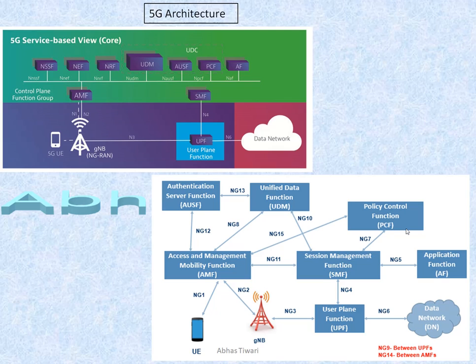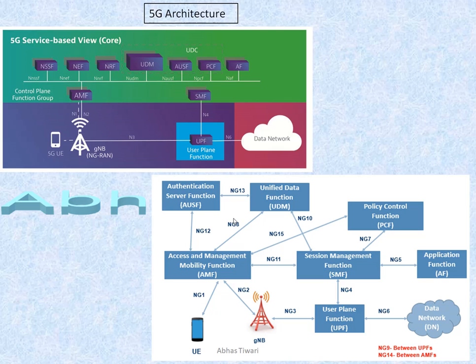AUSF, that is authentication server function. As the name suggests, it is used for performing the authentication process with the UE. UDM, Unified Data Management, next to AUSF in this diagram, is like a repository for authentication credentials.